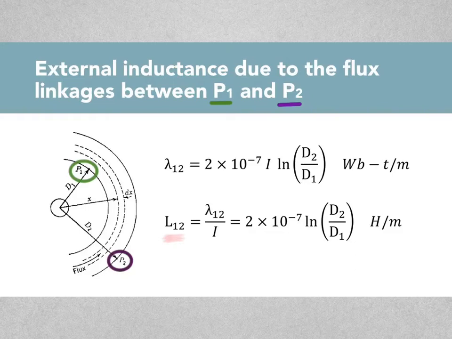The inductance due to those external flux linkages is now 2 times 10 to the negative 7 ln of d2 over d1. Your d2 is the distance between P2 and the center of the conductor, as well as d1 is the distance between P1 and the center of the conductor.